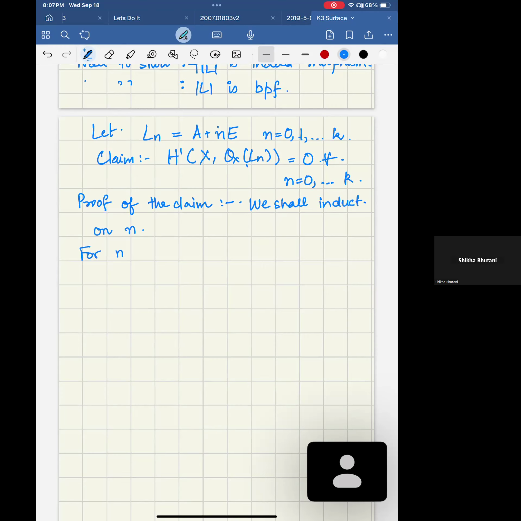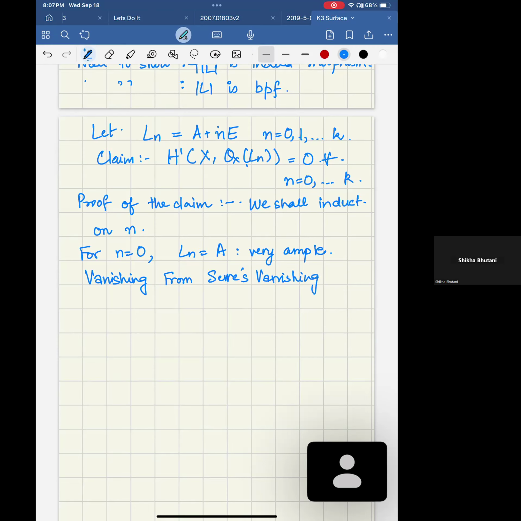So for n equals 0, Ln is just A, which is a very ample divisor. So you have the vanishing from Serre's vanishing theorem.